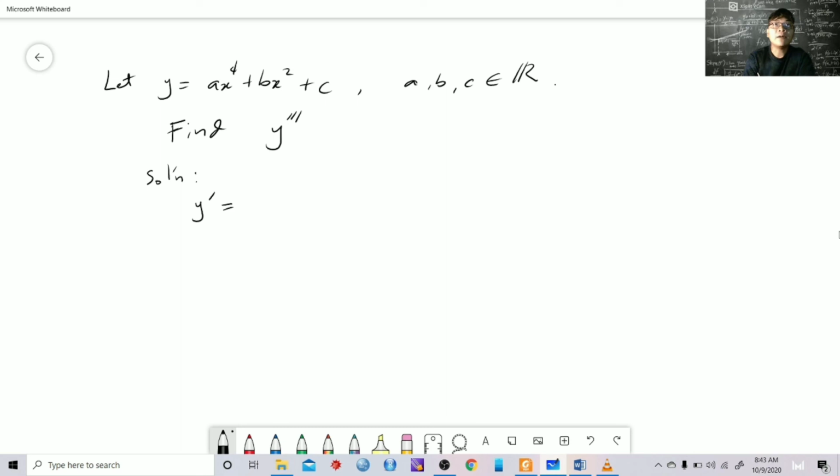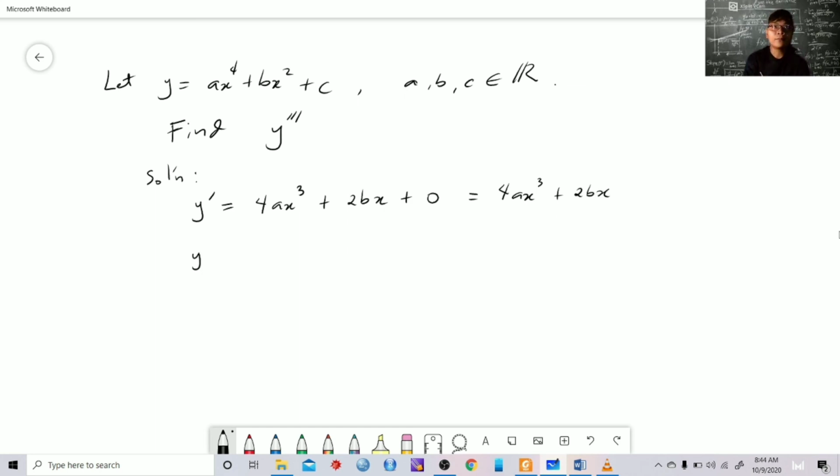So we have 4ax cubed plus 2bx plus 0, which is equal to 4ax cubed plus 2bx.